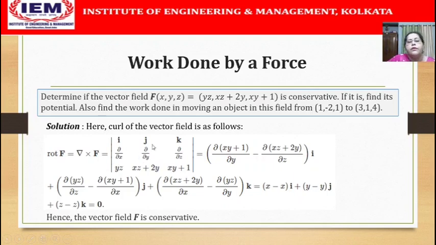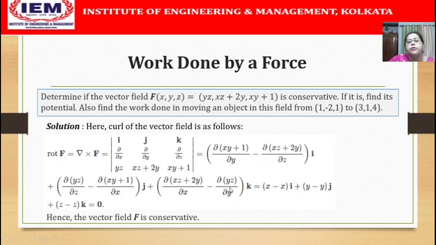So, as we evaluate the determinant, we get i multiplied with del del y of xy plus 1 minus del del z of xz plus 2y, plus this unit vector j, del del z of yz minus del del x of xy plus 1, and the last term k multiplied with del del x of xz plus 2y minus del del y of yz.